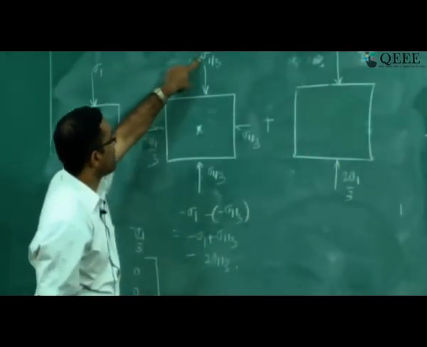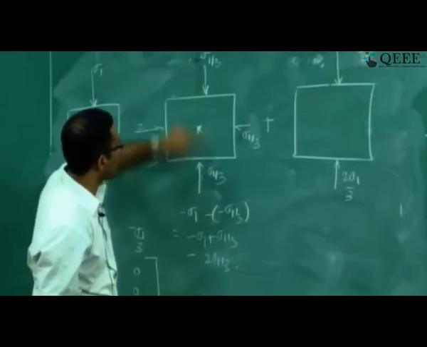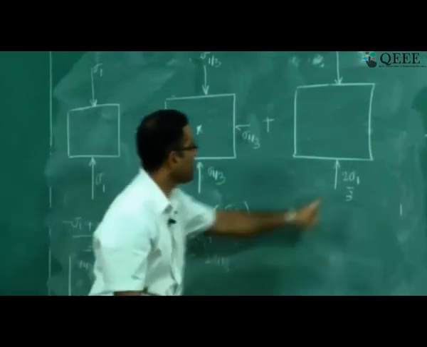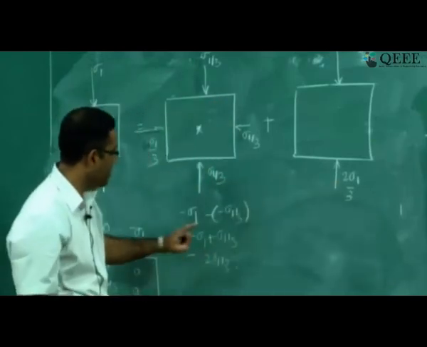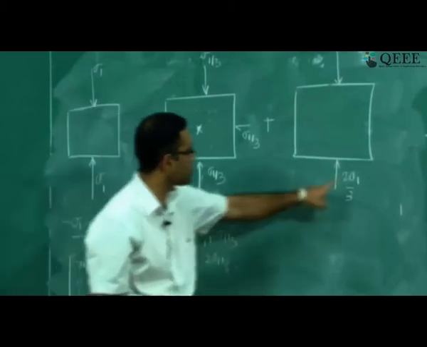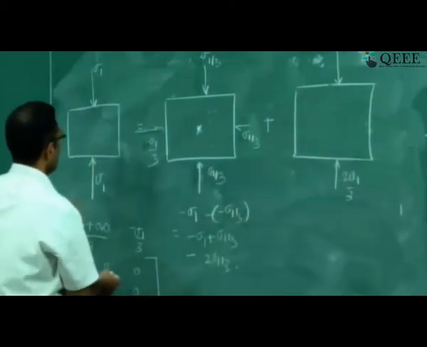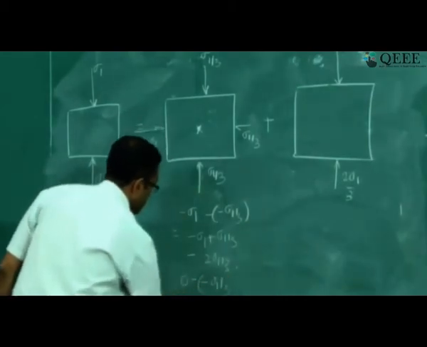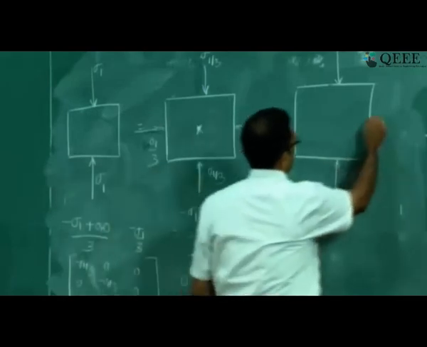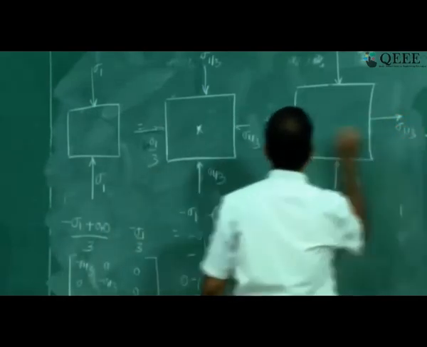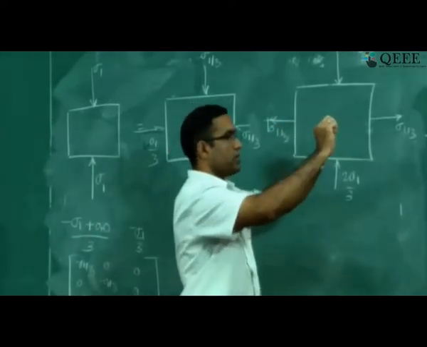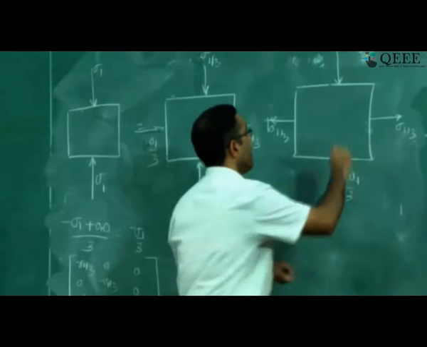I put a minus sign here, but it is not needed. The fact that it is compressive is indicated by the arrow. I am just writing the magnitude for all the cases. So one particular deviatory component is 2 sigma 1 by 3. The other one will be 0 minus of minus sigma 1 by 3, which is equal to sigma 1 by 3. That will be tensile. Similarly, in the z direction, out of the board, it will also be coming out.